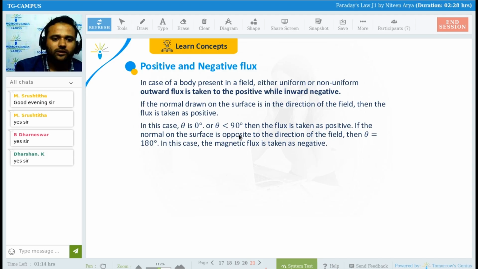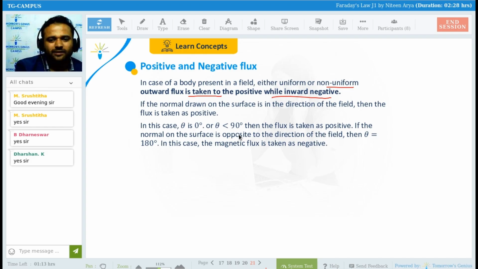Good. Okay. So positive and negative flux, simple. If theta is less than 90 degrees, cos theta is going to be positive, and we get a positive flux. So in case of a body present in a field, either uniform or non-uniform magnetic field, outward flux is taken as positive while inward flux is taken as negative.